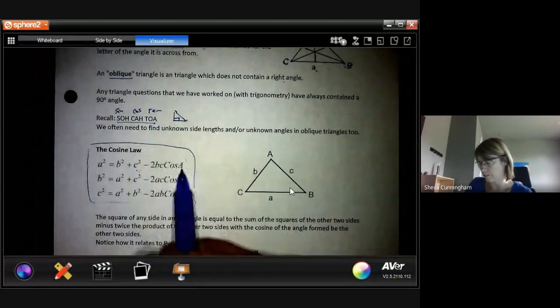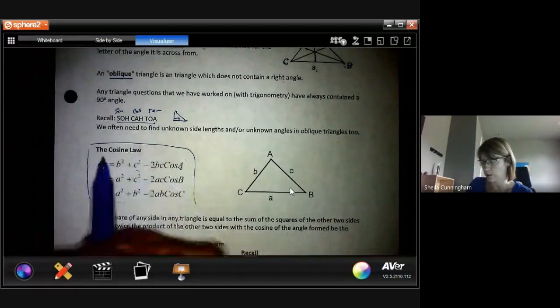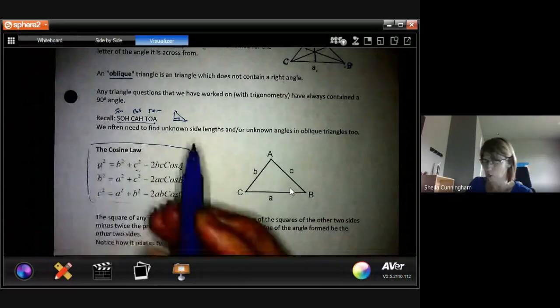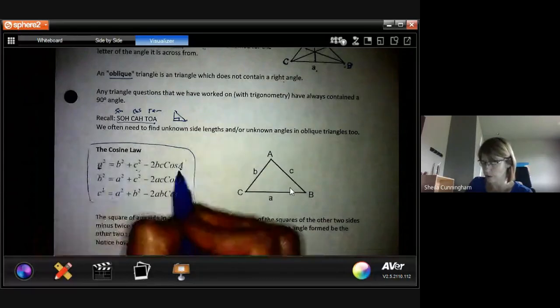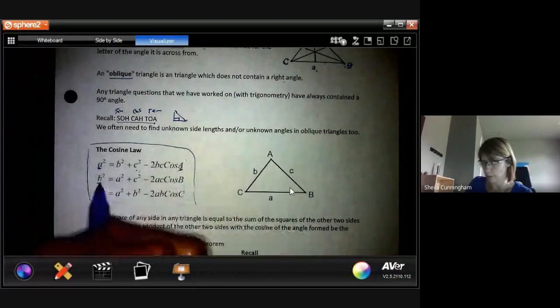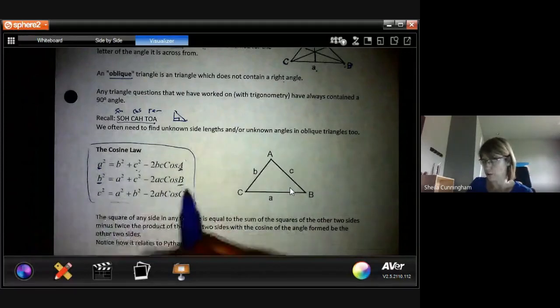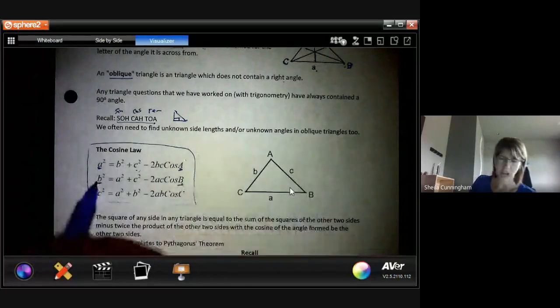That angle measure, this is cosine of A, corresponds to whatever side is isolated out here. These will always correspond to one another. Small b, side b, corresponds with angle B. So if you're trying to find angle B, the side that corresponds with angle B will be over on the other side of your equal sign.